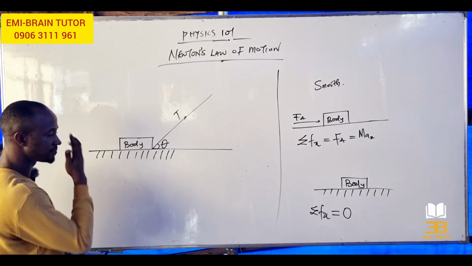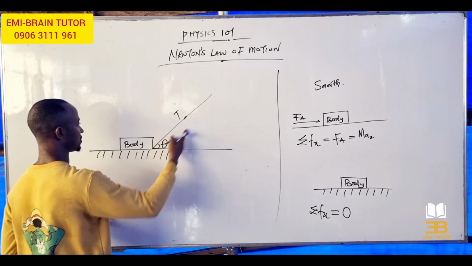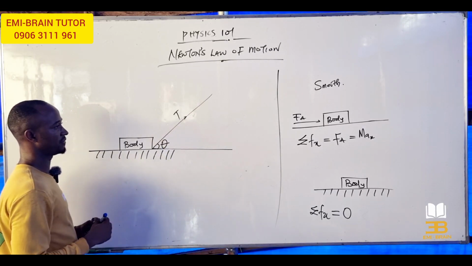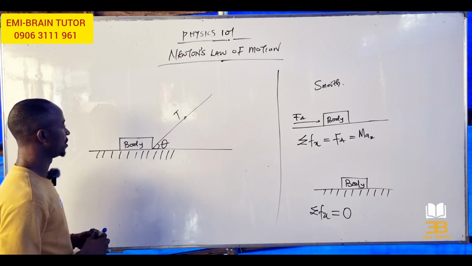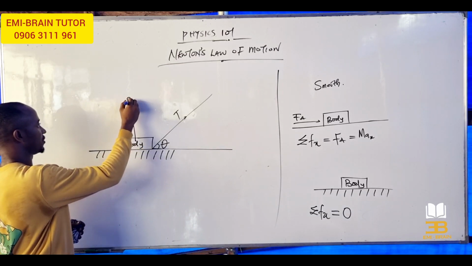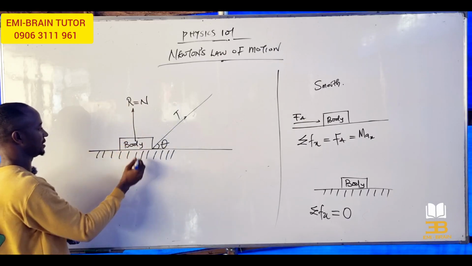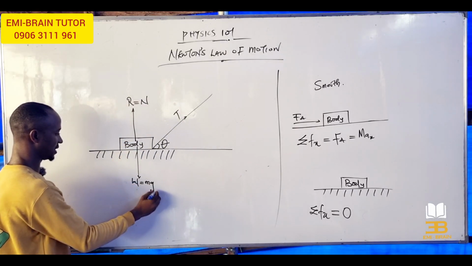Now what we do here is that because this tensional force is along this axis, this force can be resolved into two components. Don't forget that we have a force here that acts on the body, which is our normal reaction, same as N. We have another force here, which is the weight of the body, which is the same as mg.